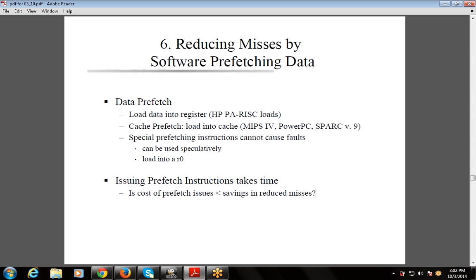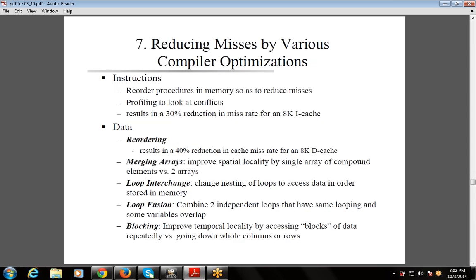Then the next method, again an important one, is reducing the misses by various compiler optimization techniques. What are the various optimization techniques? First are the instructions: reorder the procedures in memory so as to reduce the misses.